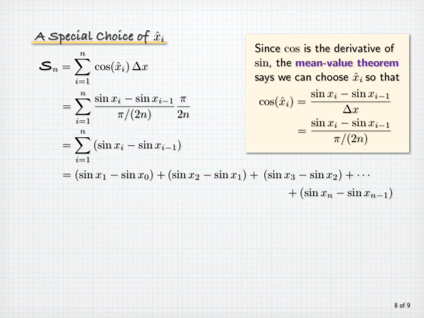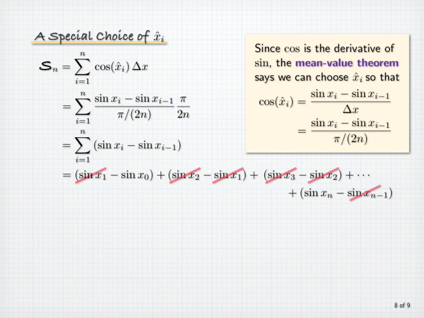Now let's notice that this simplifies a great deal. We have sine of x1 minus sine of x1, which equals 0. We have sine of x2 minus sine of x2, which is also 0. We have sine of x3 minus the sine of x3, and so on, until finally we have sine of x_{n-1} minus the sine of x_{n-1}.